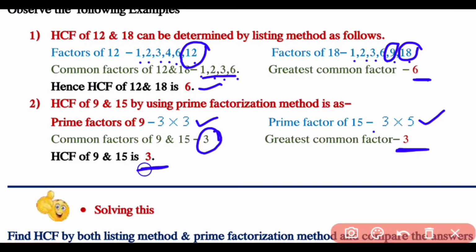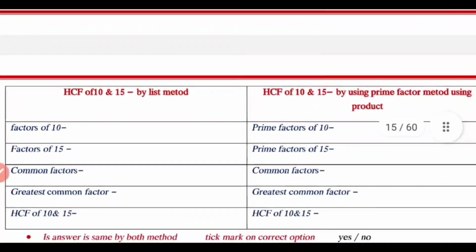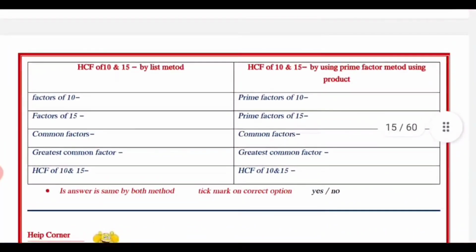So in this way, by using factorization method, by using listing method, and by using division method also, we can solve these sums. Division method we will see in one of the sums given here. Let us see. Sum is not given, so here only the listing method and the prime factorization method is asked to us. So let us solve this activity in our notebook.